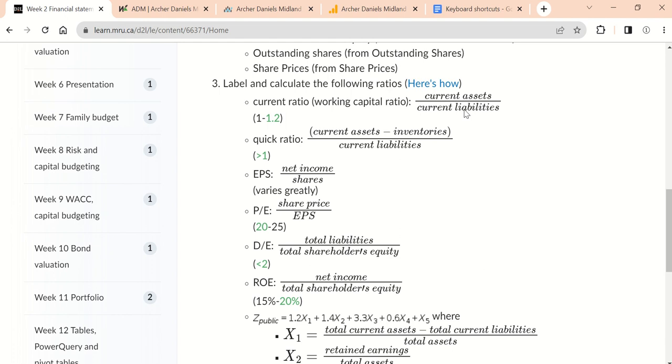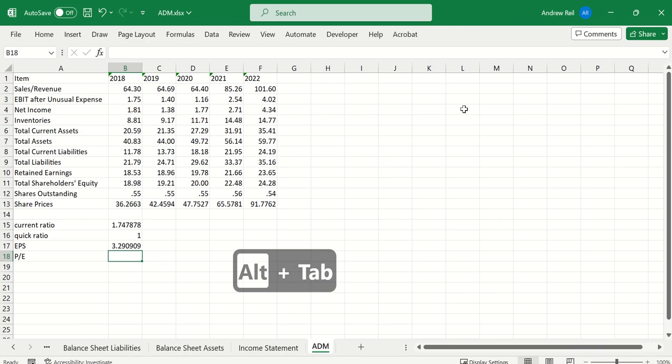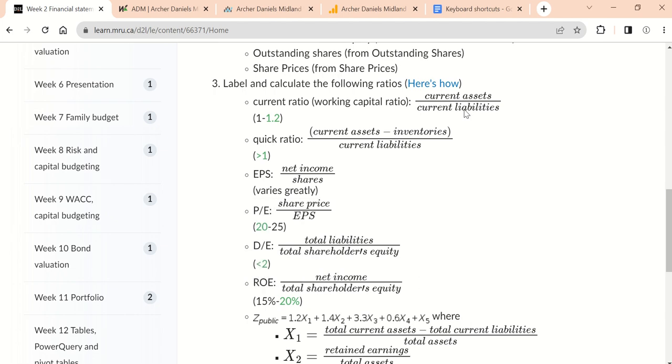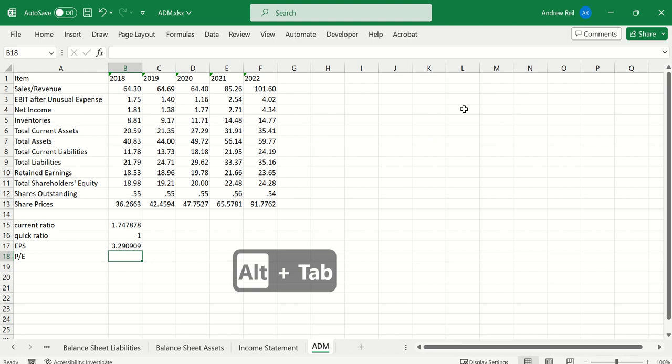And that one is share price divided by the EPS that we just calculated. And it should be smaller to be better, should be less than 20. So equals the price divided by the EPS that we just calculated. And mine is 11, so yay me.